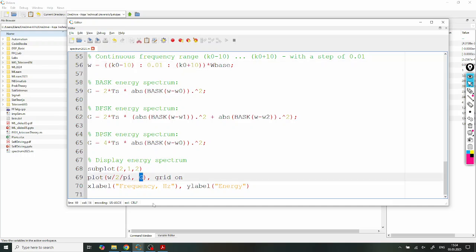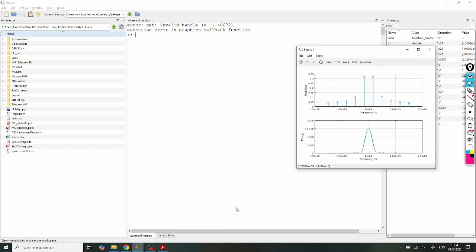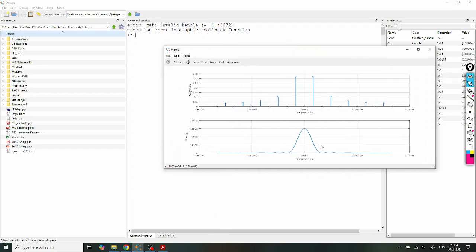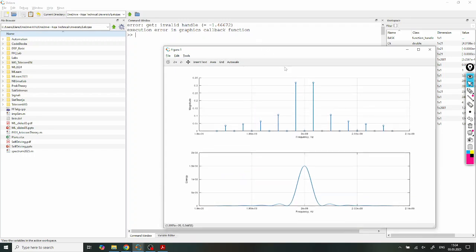So let me make this line also line with 2, and graphics callback function. So this has to do something with the plot. I have some problems there. Now we have solved this task.